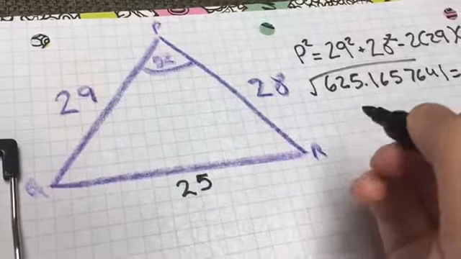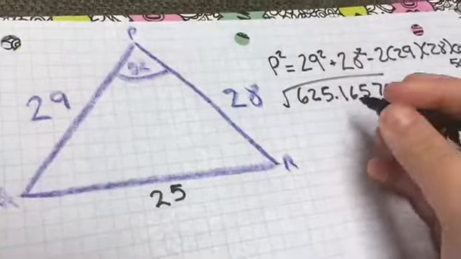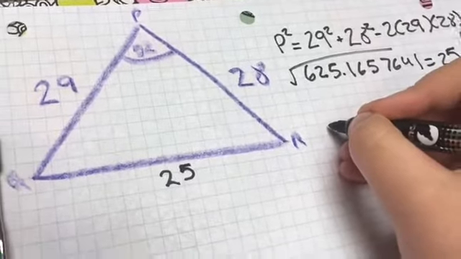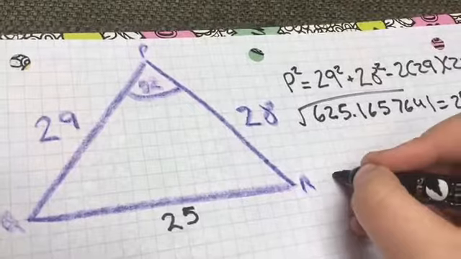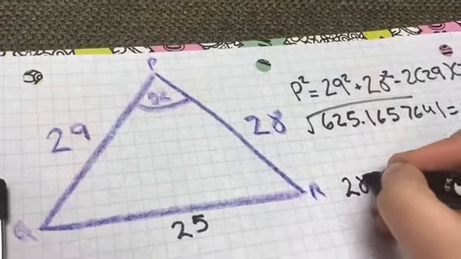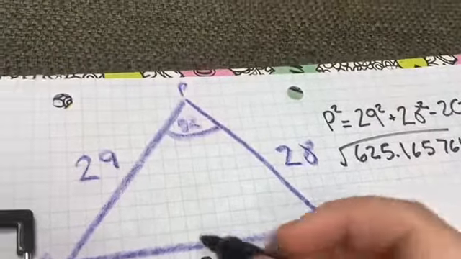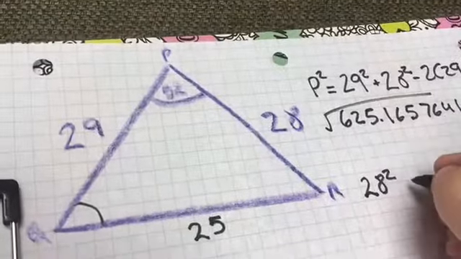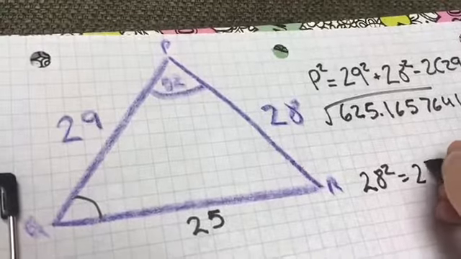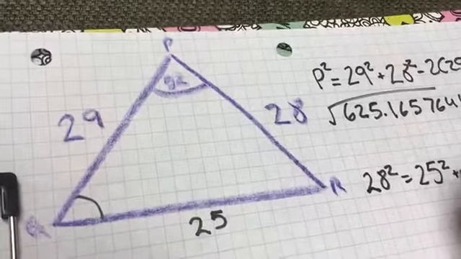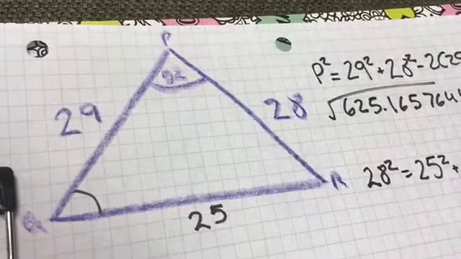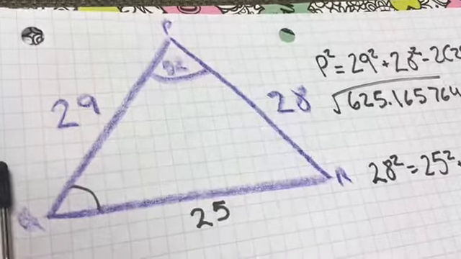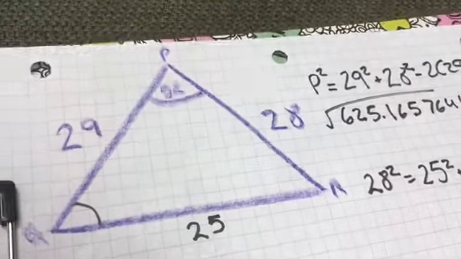Now you're going to find the degrees, using what we used before. So it's going to be 28 squared, because we want to find this angle here, and we would look across. 28 squared equals 25 squared plus 29 squared minus 2, 25, 29, and cos.